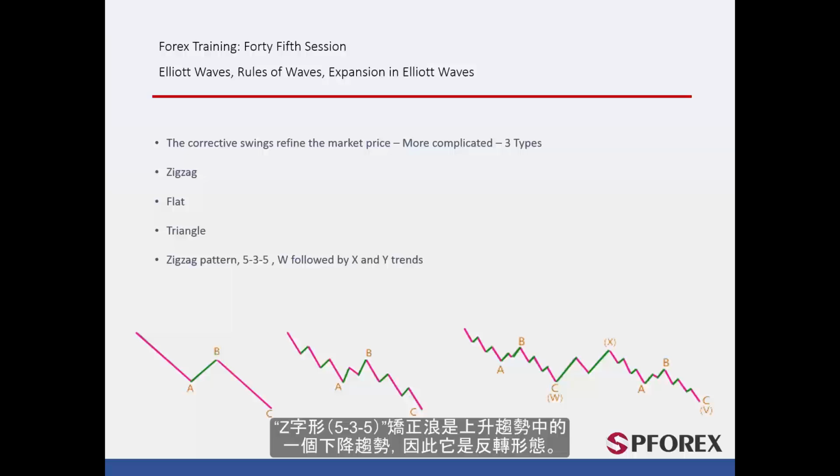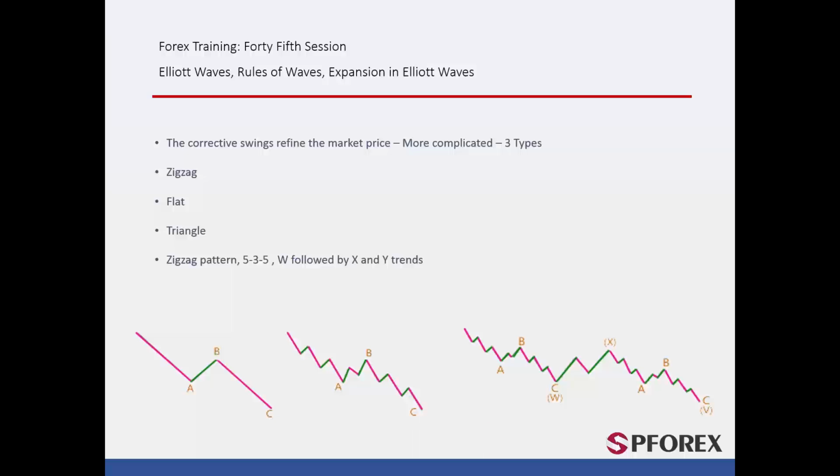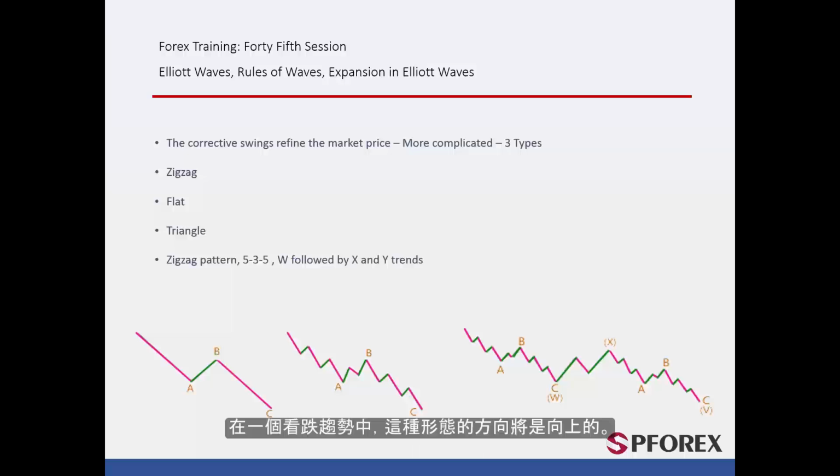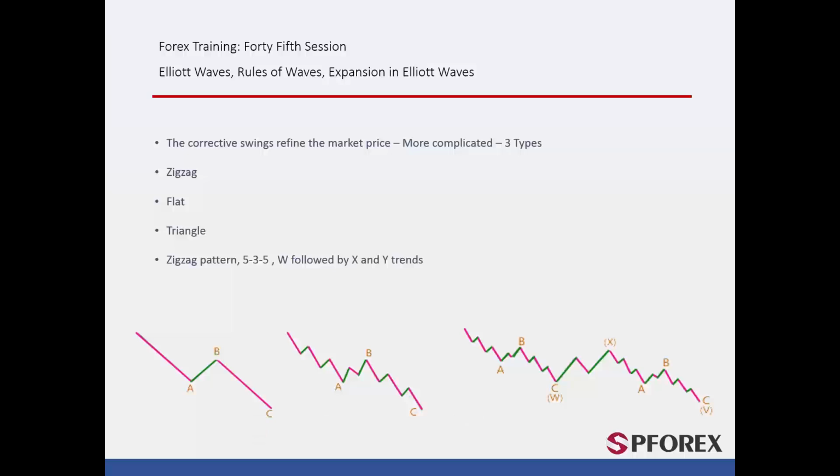Thus, it is a reversal pattern. On a bearish trend, this pattern will have an upward direction. 2 or 3 zigzag patterns can be detected in a trend if there is a sub-swing pattern. The first trend is W followed by X and Y trends.